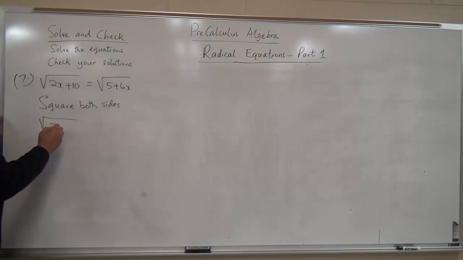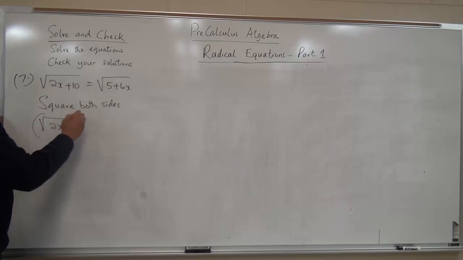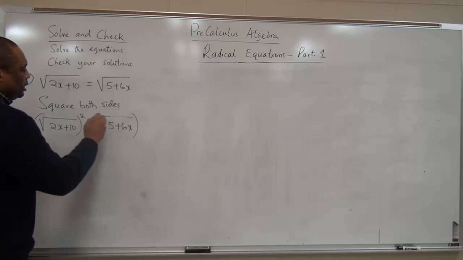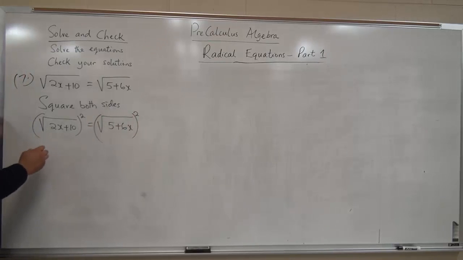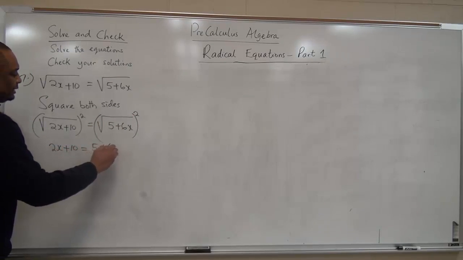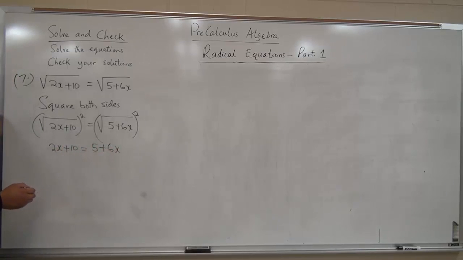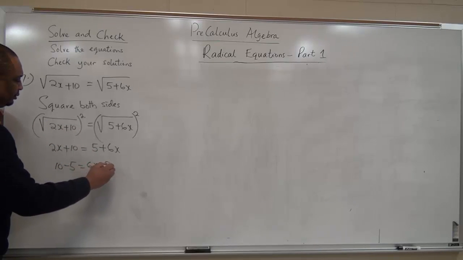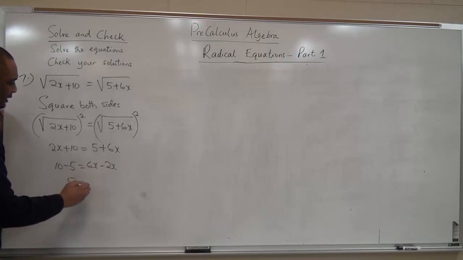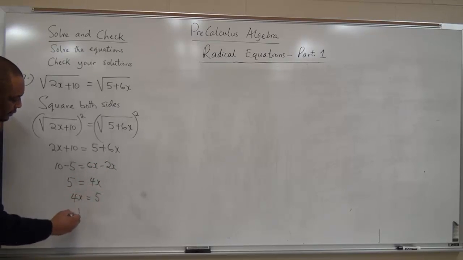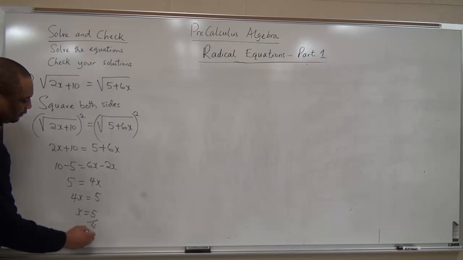So square root of 2x plus 10 all squared is equal to square root of 5 plus 6x all squared. So we now have that 2x plus 10 is equal to 5 plus 6x. Right? We can move this like this. So 10 minus 5 is equal to 6x minus 2x. 5 is equal to 4x. 4x is equal to 5. x is equal to 5 over 4.